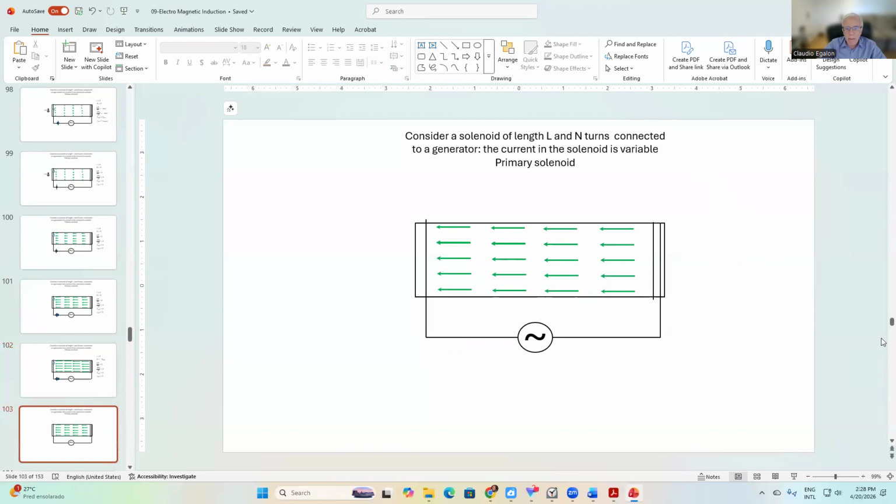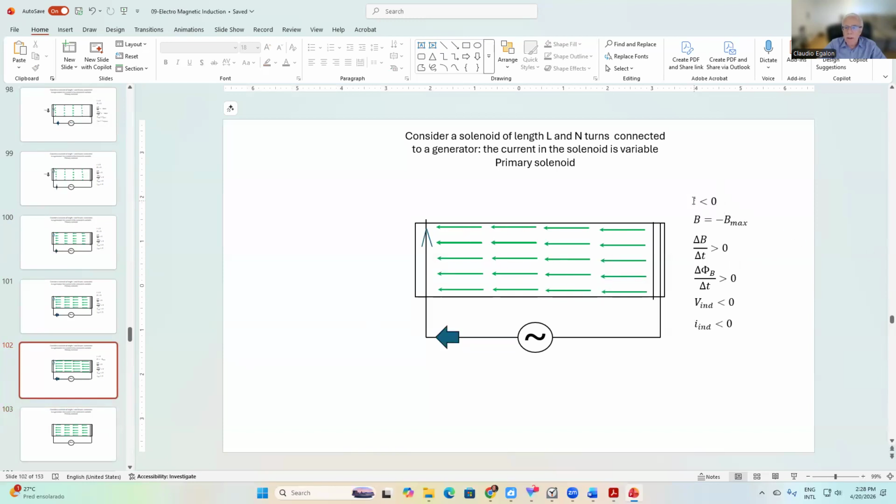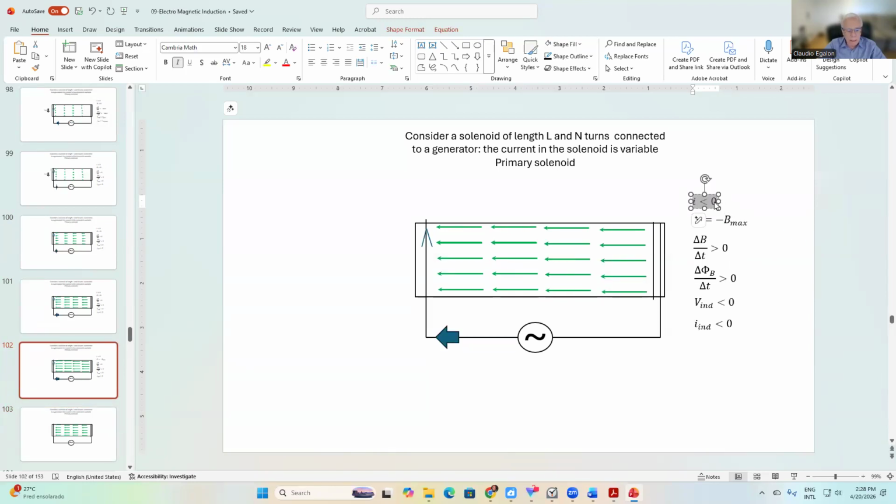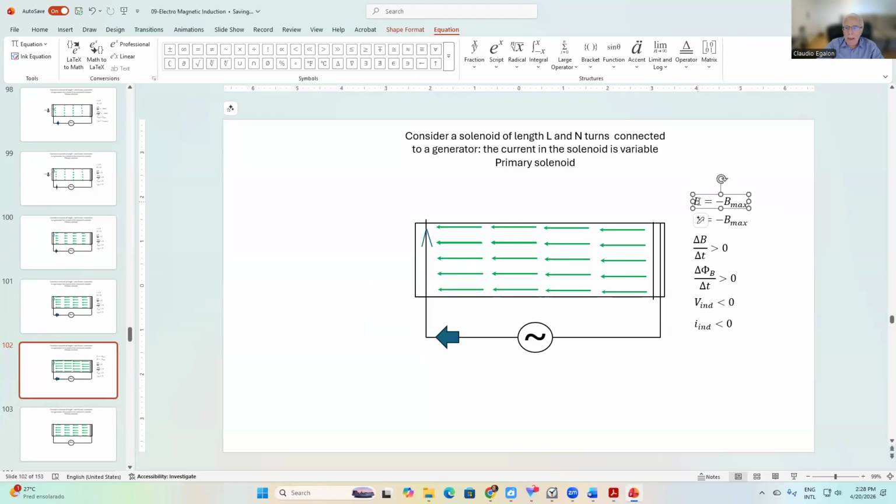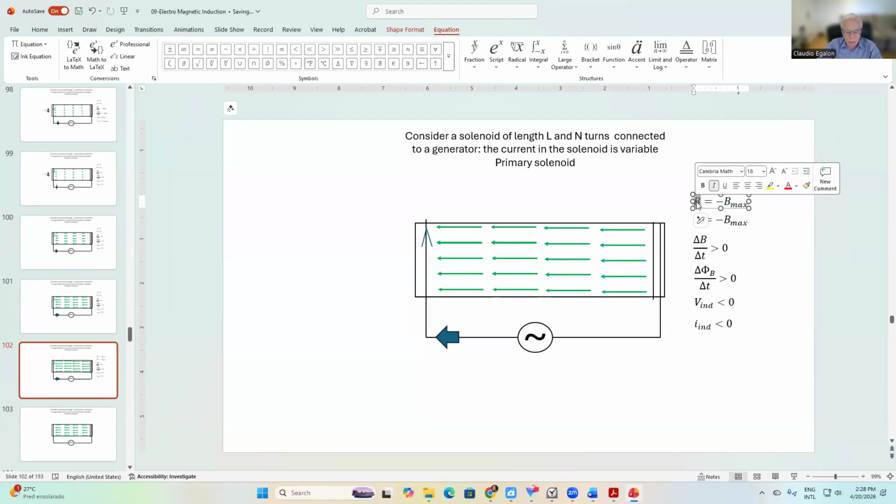Did it reach max? Yes, now it's decreasing again. I, minus I max.